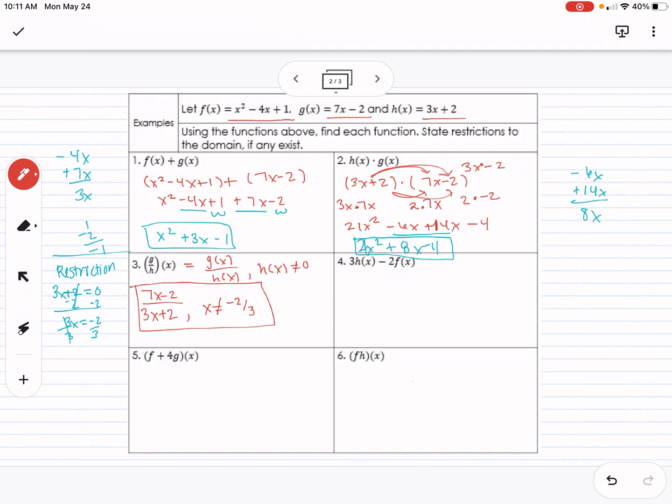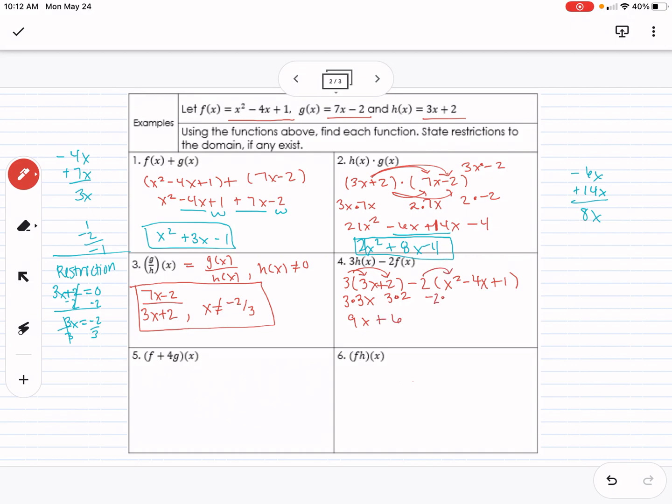Here, this next one, I'm doing 3 times h of x, so h of x was 3x plus 2. Minus 2 times f of x, which is x squared minus 4x plus 1. And I can distribute. So 3 times 3x is 9x. And 3 times 2 is a positive 6.